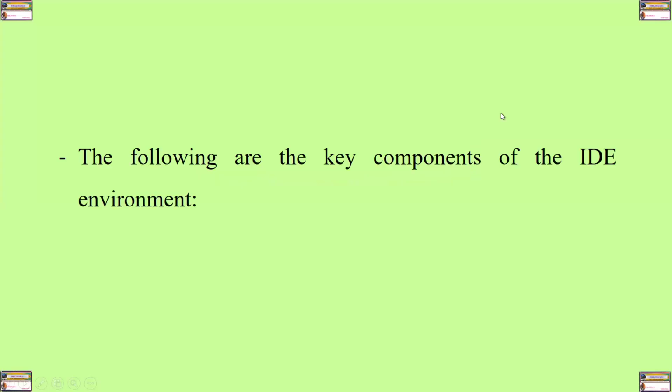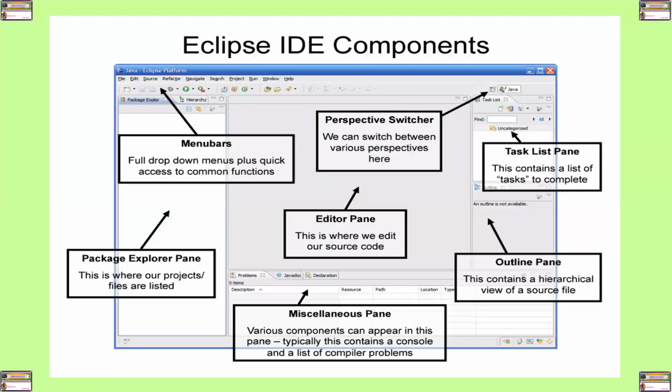Once your IDE is ready, it is important to be able to identify the components of the IDE environment. Our Eclipse IDE environment will look as follows. It has various parts. It has the menu bar, which displays full drop-down menus plus quick access to common functions.